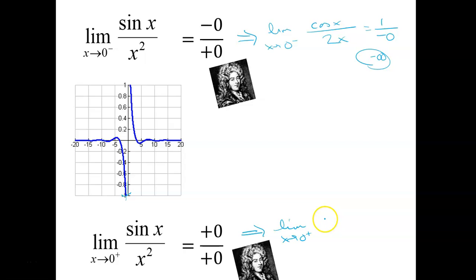Again, the derivative of sine is cosine. Derivative of x squared is 2x. And we reevaluate. Okay, I'm still going to get 1 out of my cosine. But now I'm going to get a positive teeny tiny number in the denominator. 2 times a tiny, tiny positive. And so this one's going to come out to positive infinity. And again, you can see in the graph.